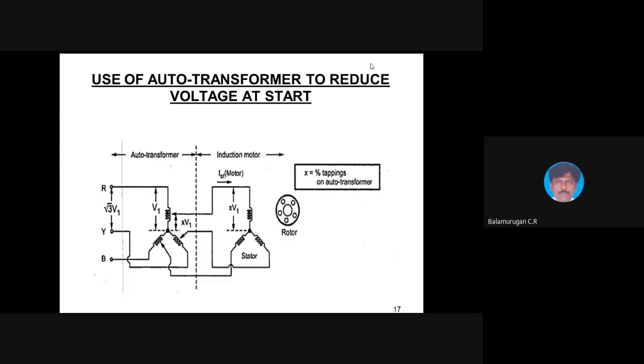This is the simplified arrangement of the auto transformer starter. You will have one more circuit. Look at this circuit first of all. Mainly the starter is used to reduce the voltage, that you remember.